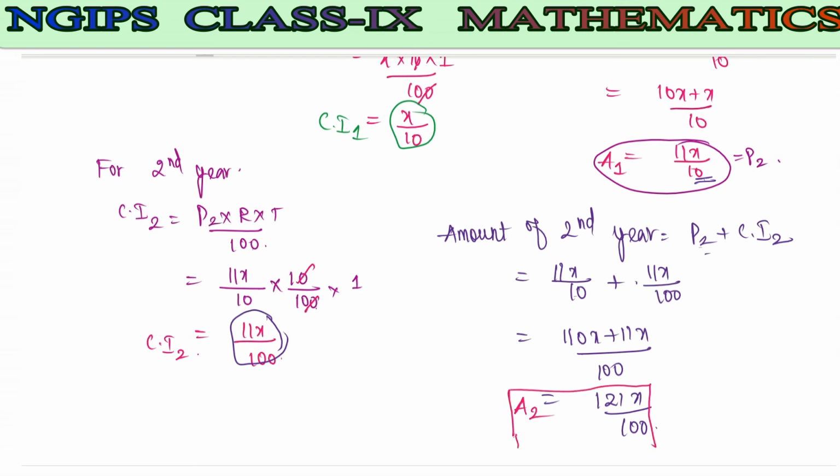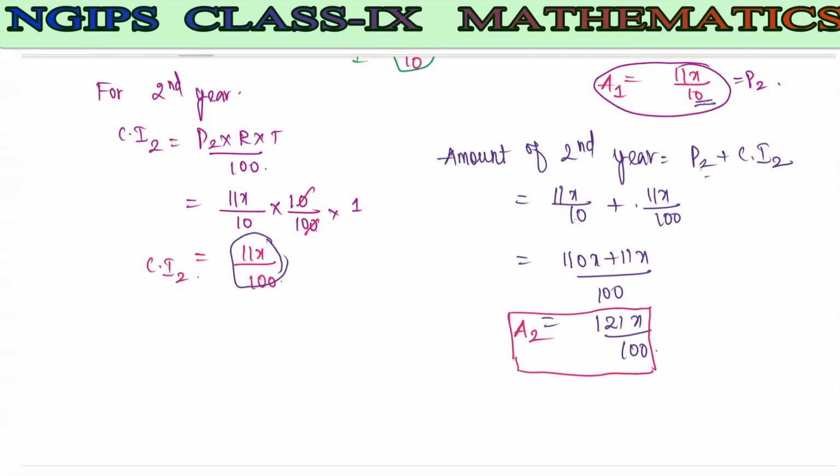Actually we need to find the compound interest till the third year. So here I am going to write the compound interest for the third year, which is equal to third year principal into rate into time divided by 100. I need to carry the second year amount as the third year principal.